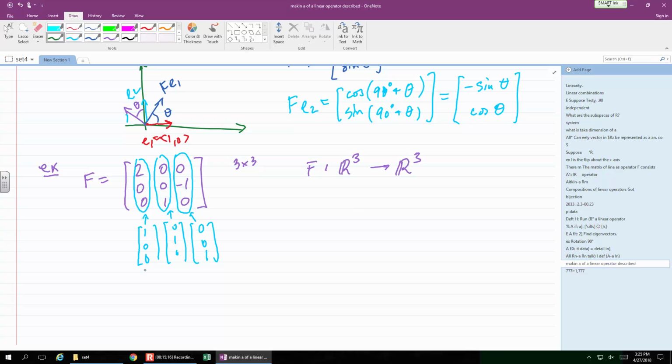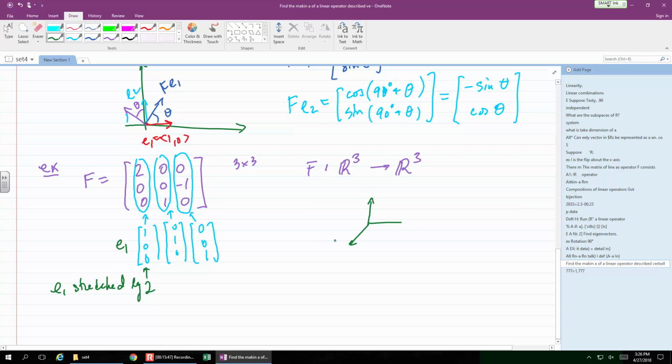So we describe it as how we stretch the basis vector, which is E1, right? E1 stretched by a factor of 2, but that's just one vector. If we want to describe the whole thing, the same thing happens to the x-axis.